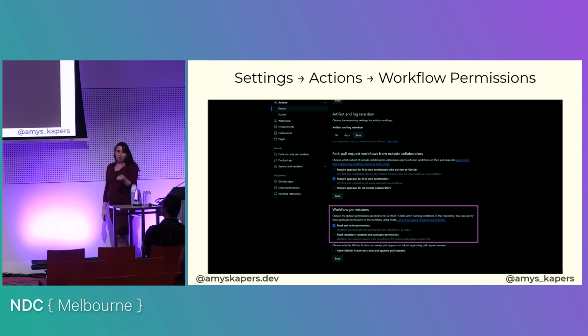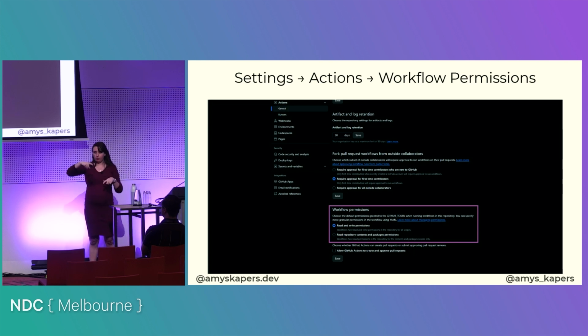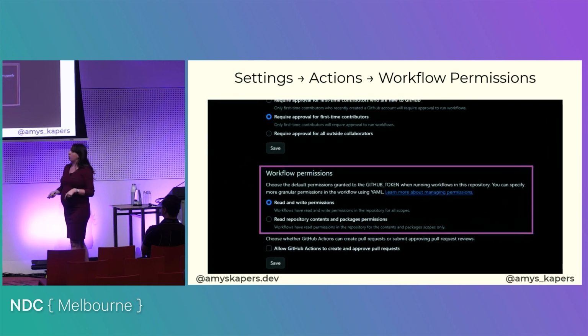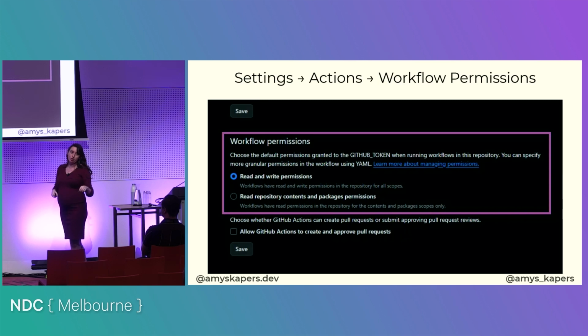Because I'm adding comments to my pull requests, I need to give GitHub Actions permission to do stuff on the repo it's on. So I need to make sure the workflow has permission to read and write on my repo, otherwise that won't work.